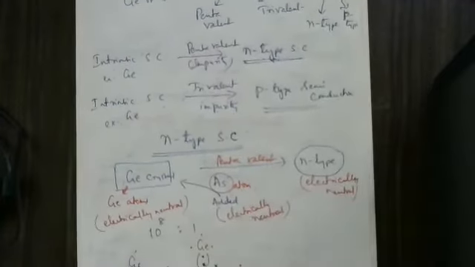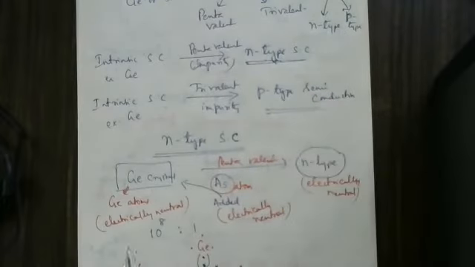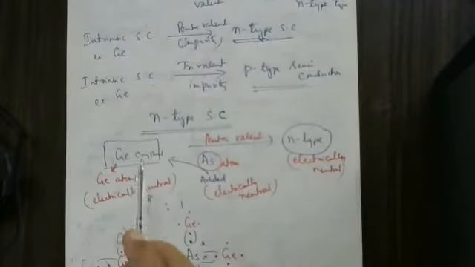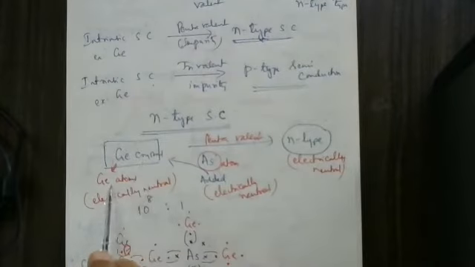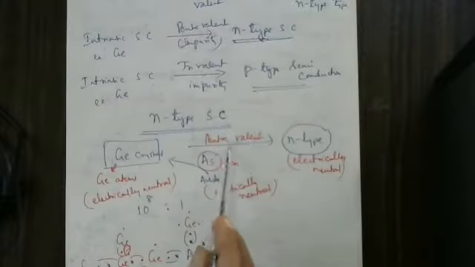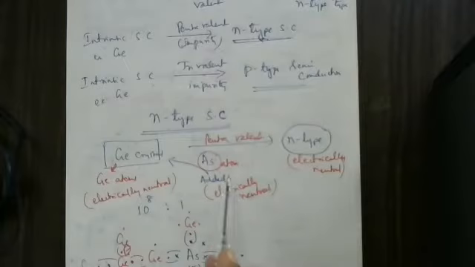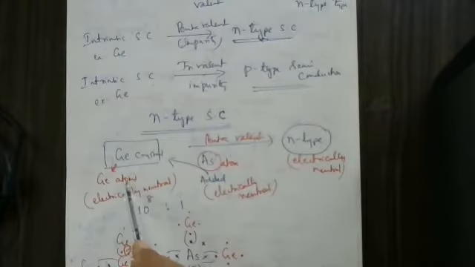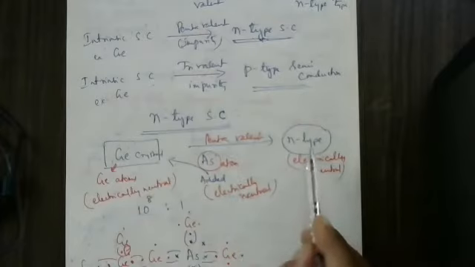Now, in the case of extrinsic semiconductors, N-type and P-type, what is happening here? See that a germanium crystal contains germanium atoms, which are all electrically neutral. If we add another electrically neutral atom, a pentavalent atom such as arsenic, which is electrically neutral because it is an atom, then we get an electrically neutral N-type semiconductor.